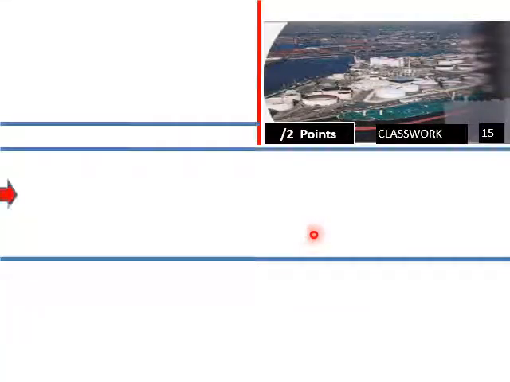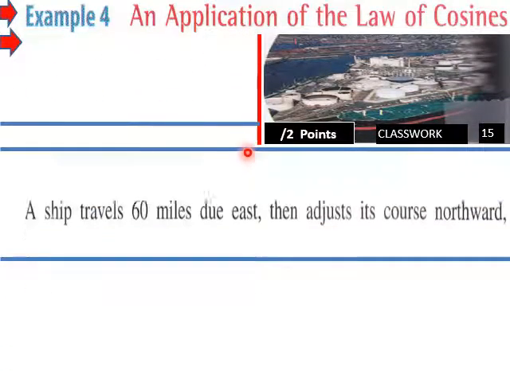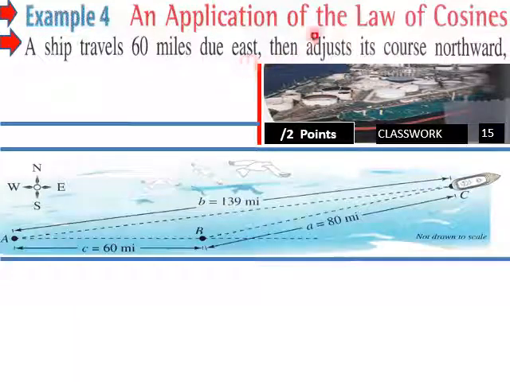Okay, moving into our next example, example 4. In an application of the law of cosines, a ship travels 60 miles due east. So we have 60 miles here due east. Then it adjusts its course northward.